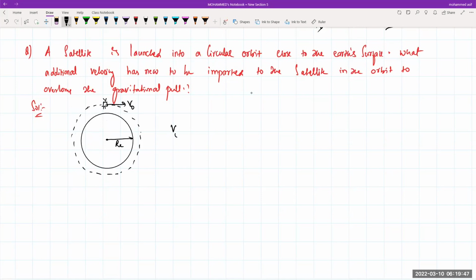So when it is very close to the surface of the Earth, v naught equals under root of g into M divided by r. This one is under root of g into capital R, remember.